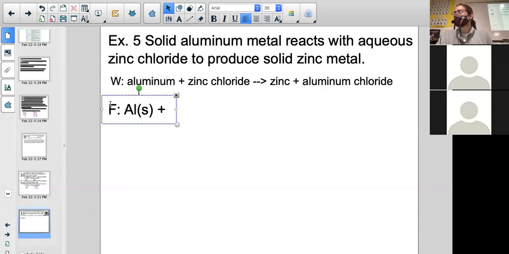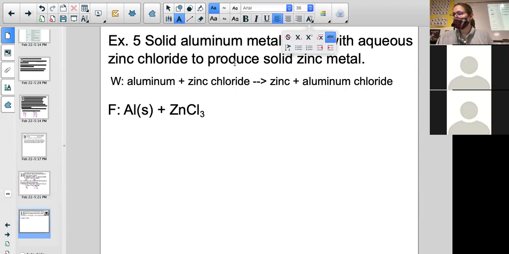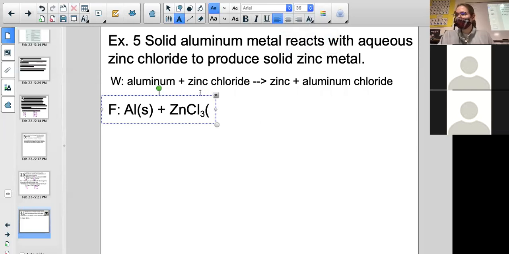You need 3 of them because chlorine is a -1 charge. So it's going to be ZnCl with a little subscript 3. Yep, aqueous, so it's dissolved in water. To produce solid zinc metal. So zinc is Zn, and it is solid.